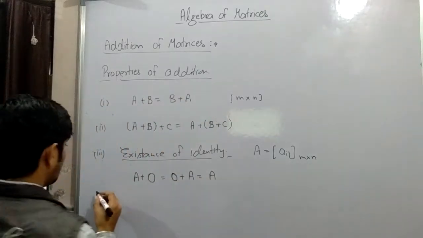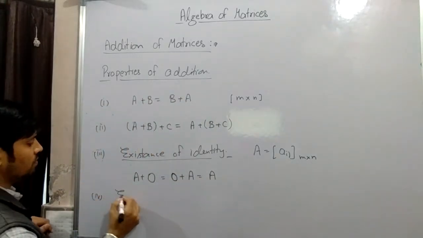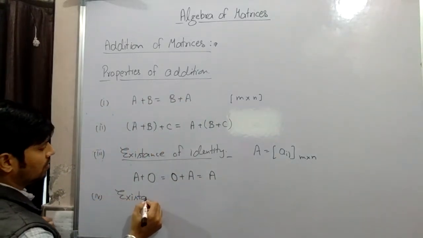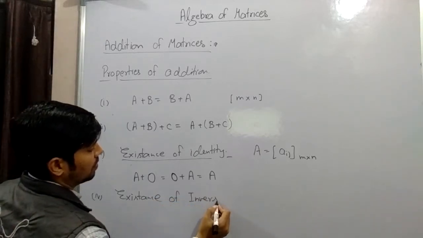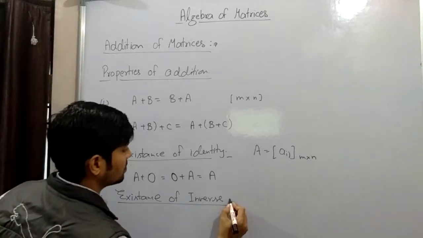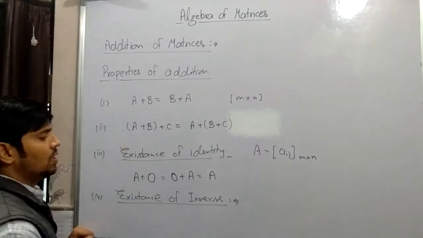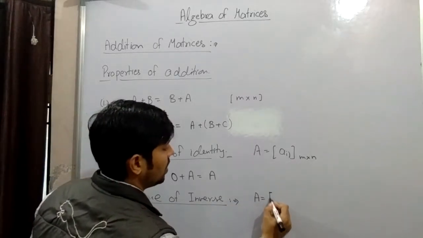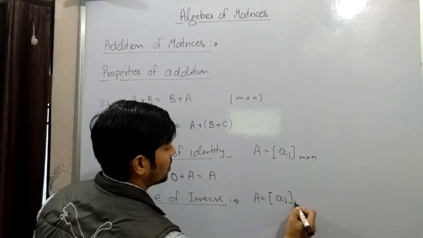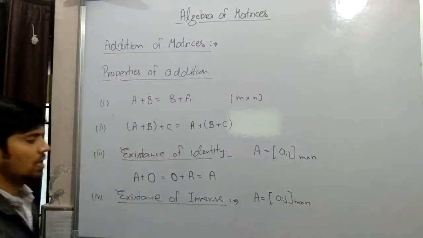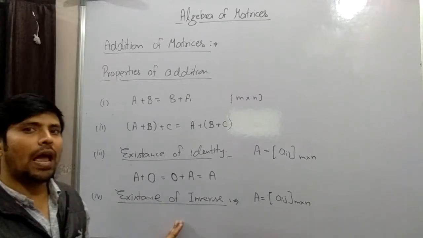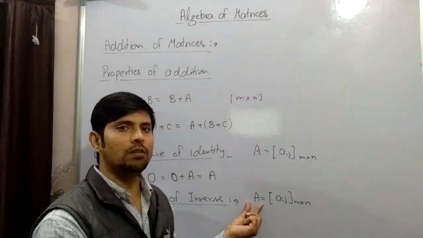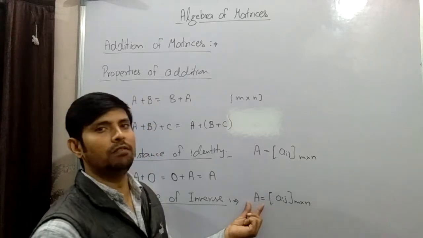And the next property is existence of inverse. Again, we assume A is a matrix Aij of order m cross n. We are talking about the additive inverse of A. If A is a matrix, what will be its additive inverse?